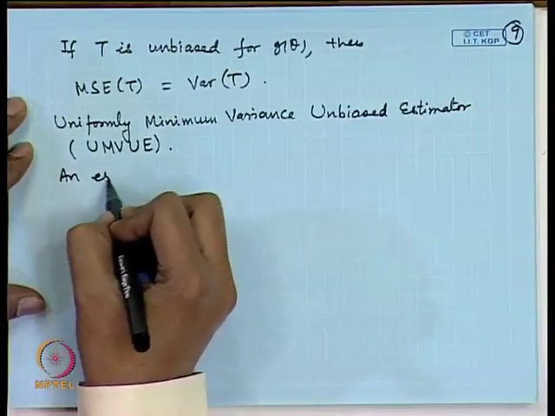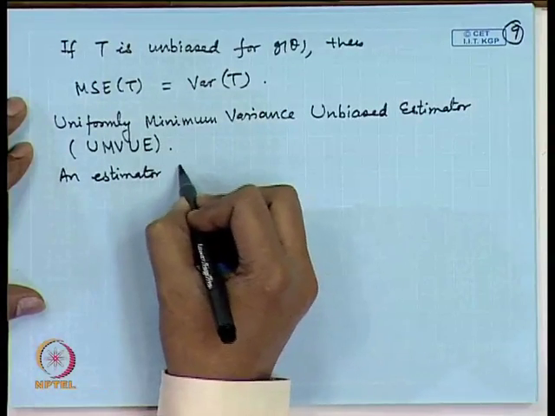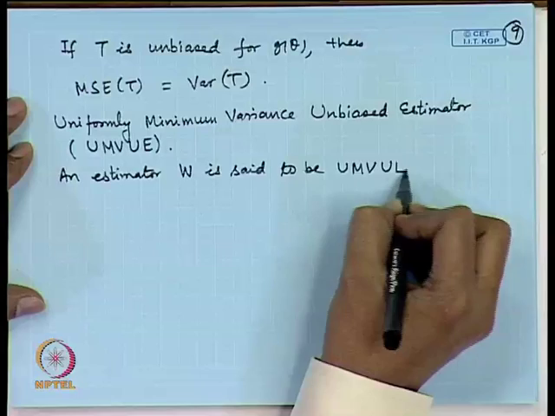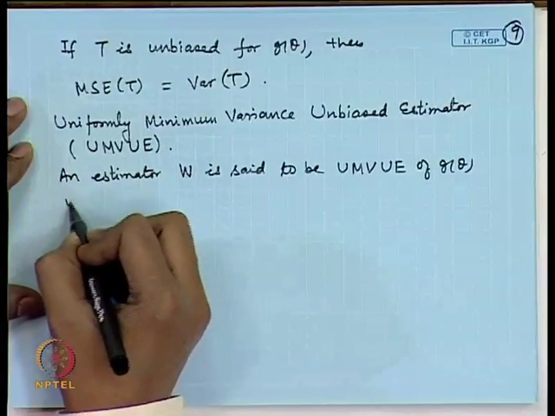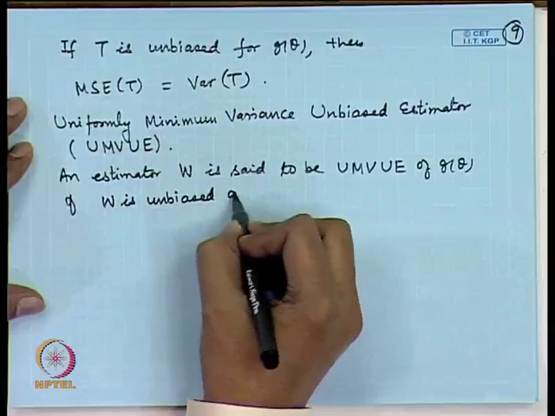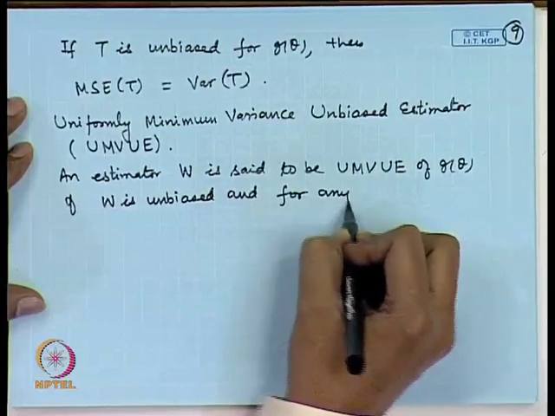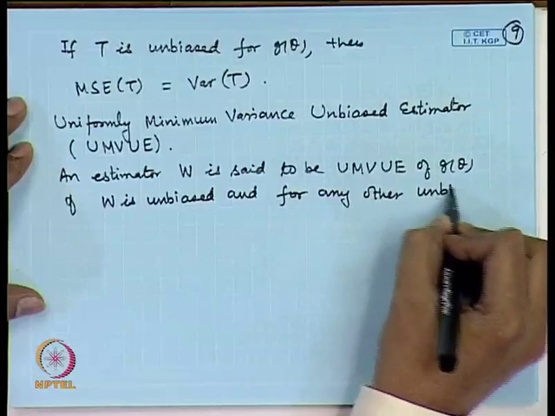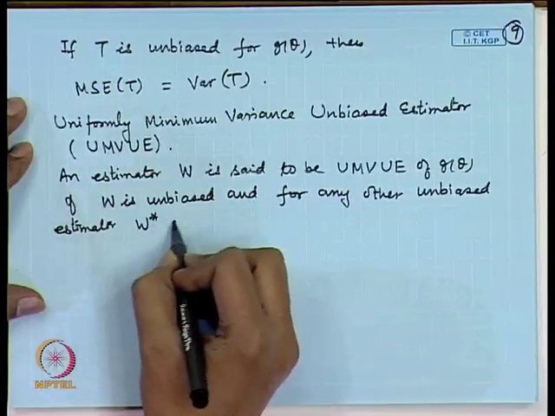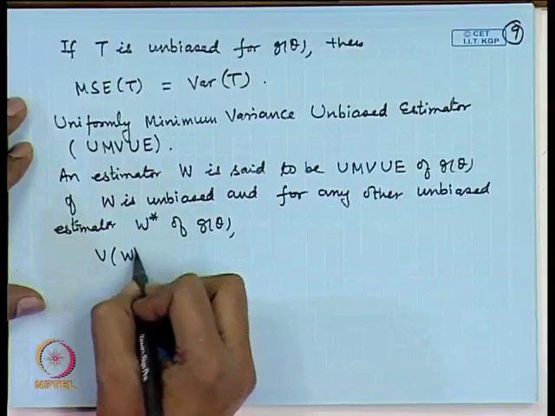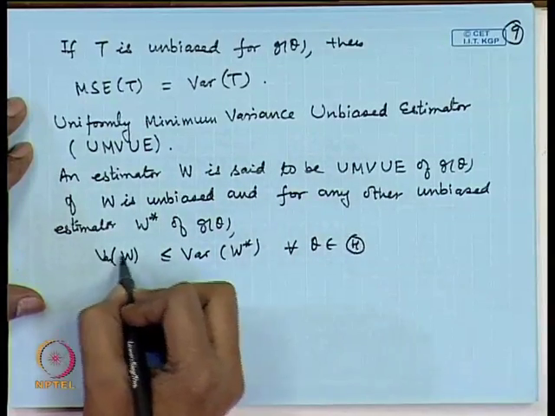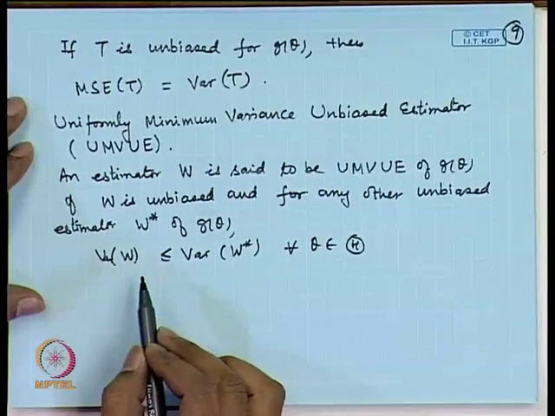So, an estimator W is said to be UMVUE of say g theta if W is unbiased and for any other unbiased estimator, say W star of g theta, variance of W will be less than or equal to variance of W star. That means, it will have the minimum variance throughout the parameter space.